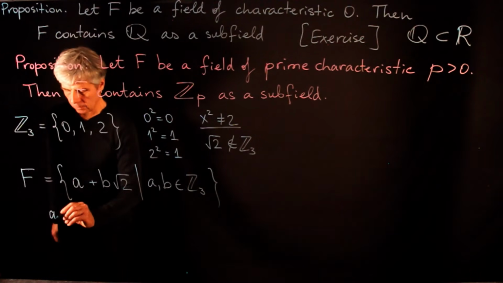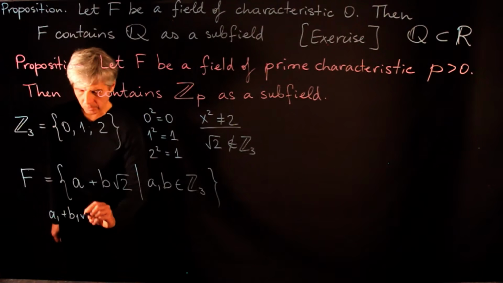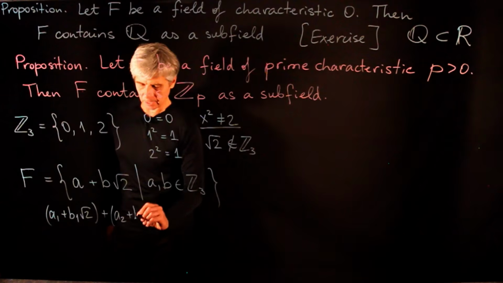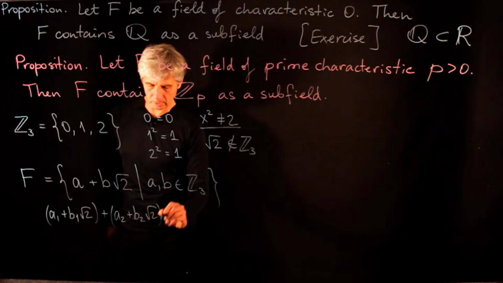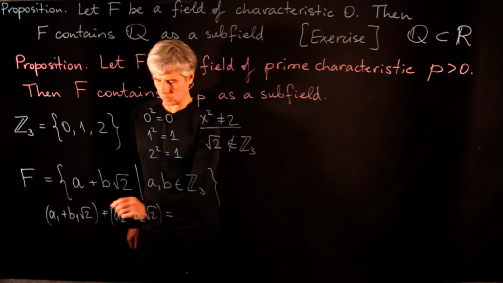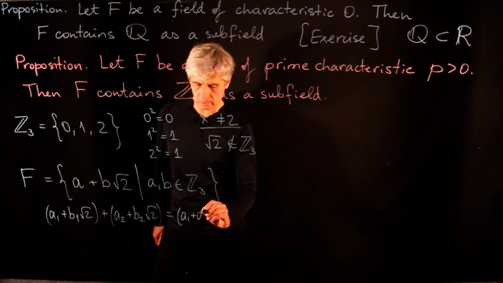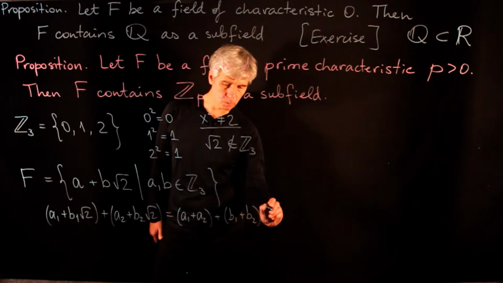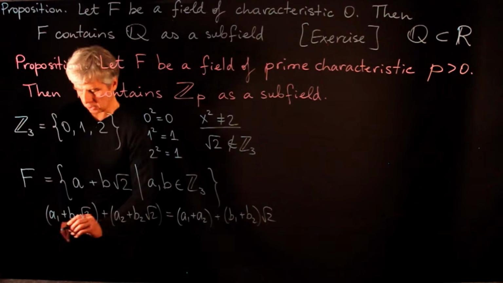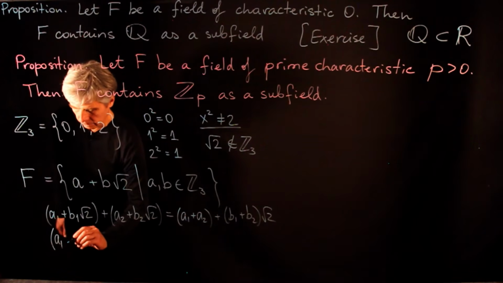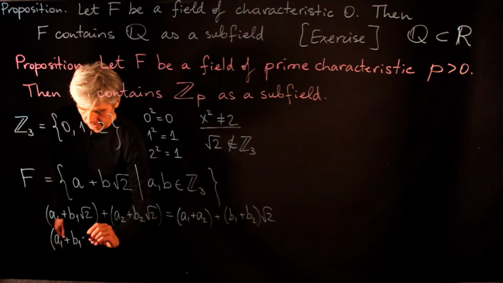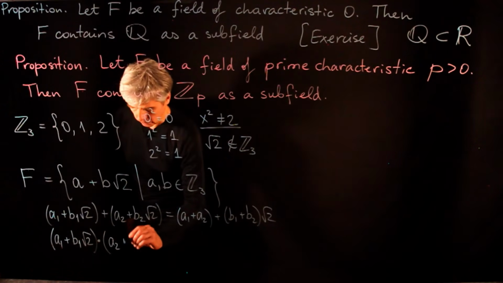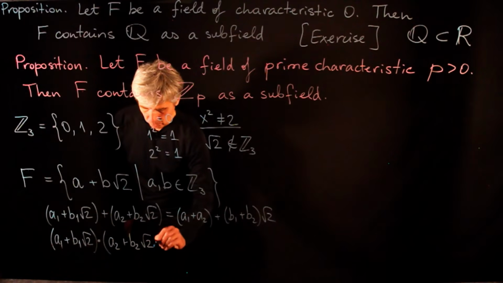Right? So if I have a1 plus b1 square root of 2 plus a2 plus b2 square root of 2, so we just add a1 plus a2 plus b1 plus b2 square root of 2. Right? So this is addition. And we can define multiplication. a1 plus b1 square root of 2 times a2 plus b2 square root of 2.